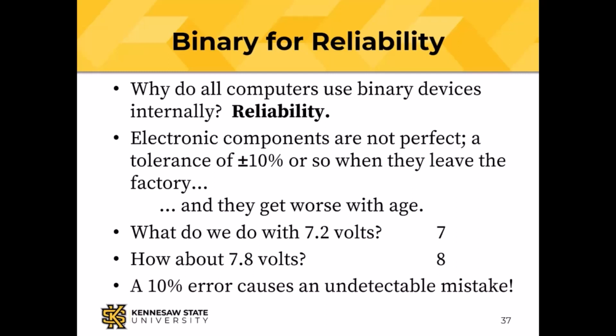I have one of those undecidable problems. And in this case of a 10% error, I have an undetectable mistake. On the other hand, it is really, really easy to build electronic devices that can distinguish between on and off.